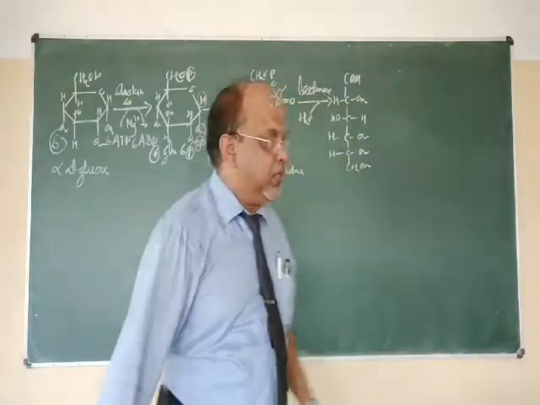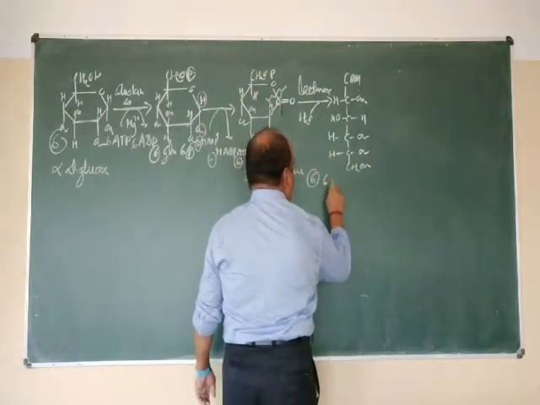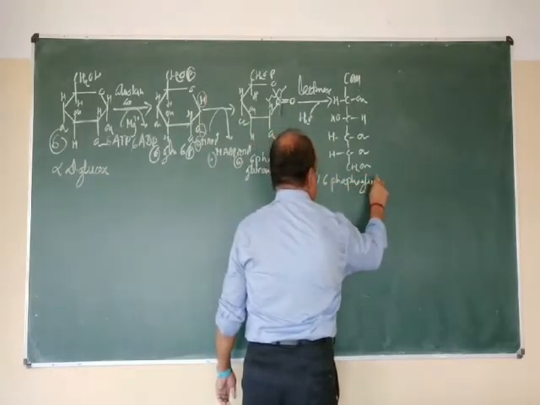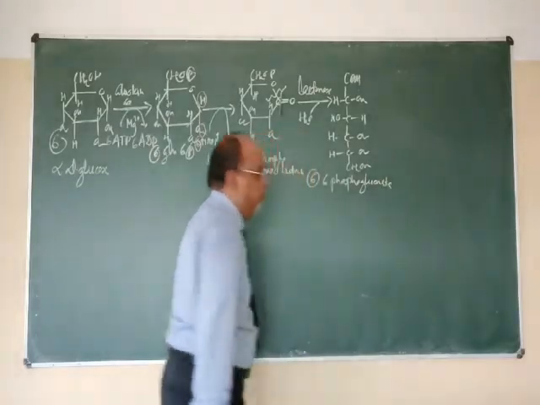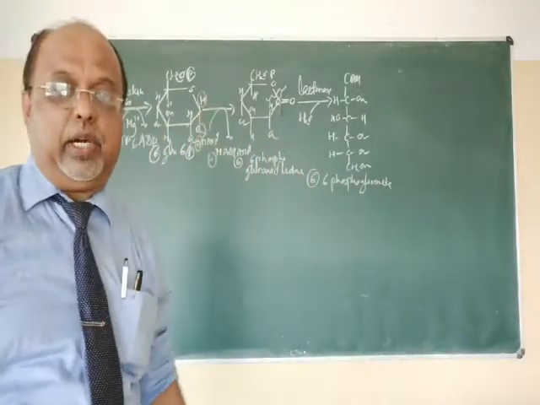Now this is known as 6-phosphogluconate, 6 molecules of 6-phosphogluconate. This reaction is catalyzed by the enzyme lactonase.